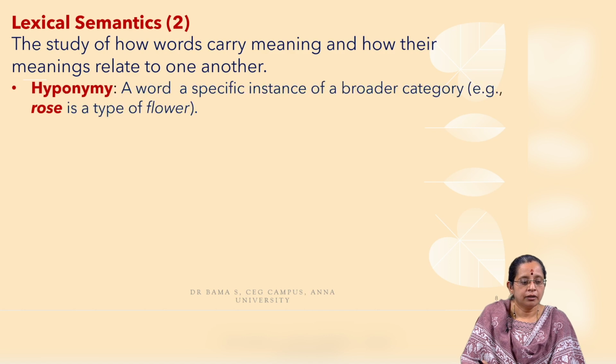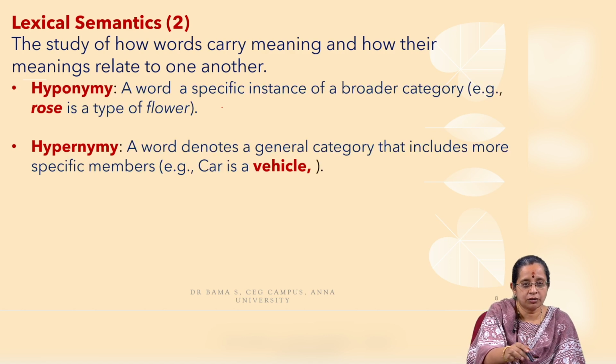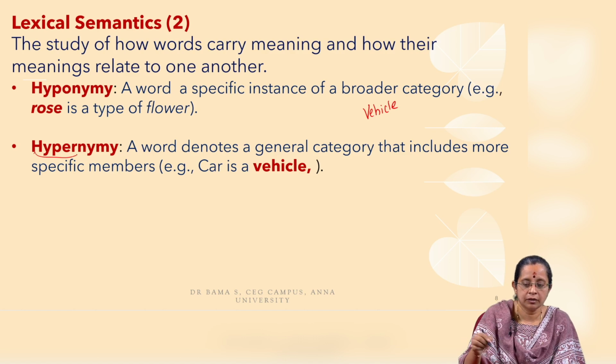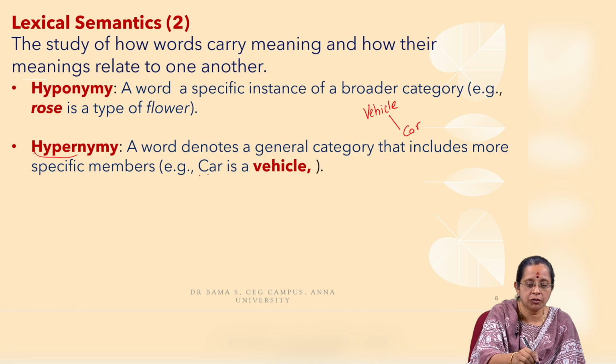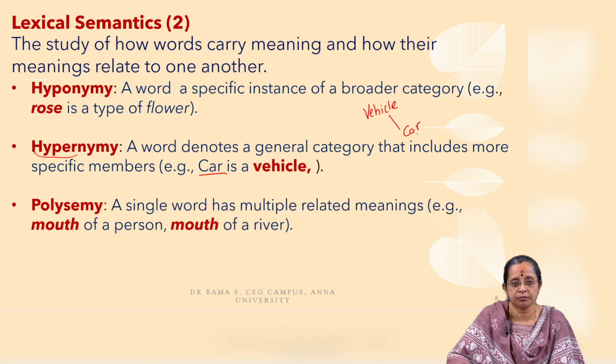Another example is vehicle and car. Vehicle is the hypernym, and within vehicle the hyponym is car. This is the general category, and car is the specific one.